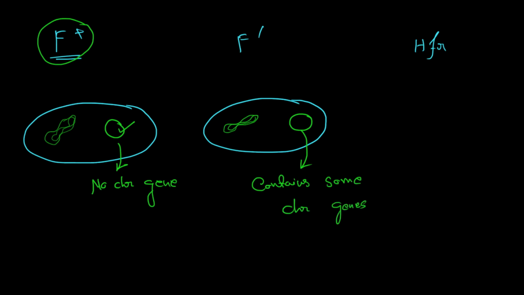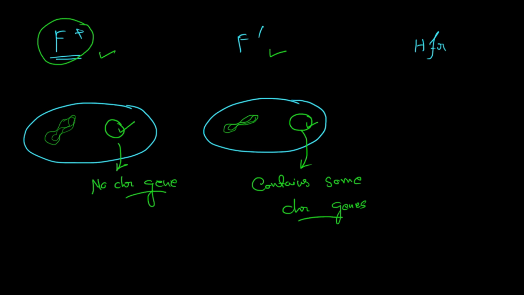So remember that in both F+ as well as F', the origin of transfer site and the transfer genes are present in the plasmid and not in the bacterial chromosome. The only difference is the presence of chromosomal gene or absence of it within that particular plasmid.